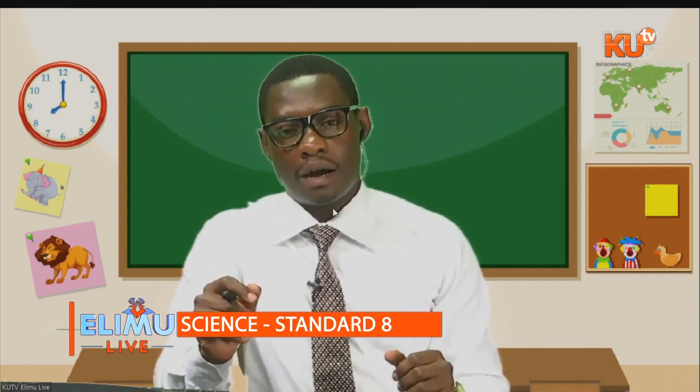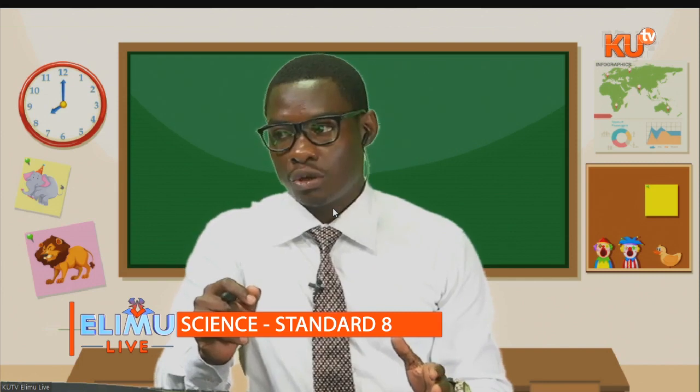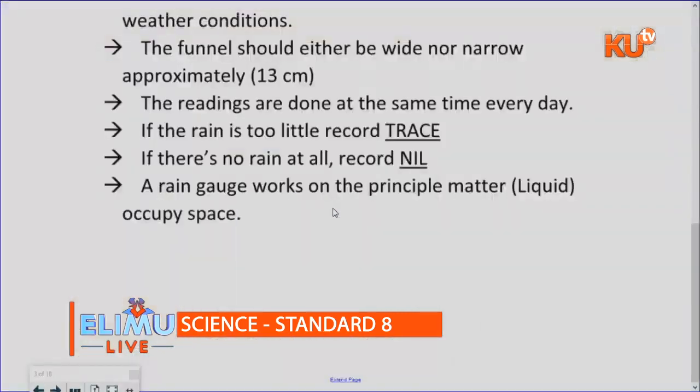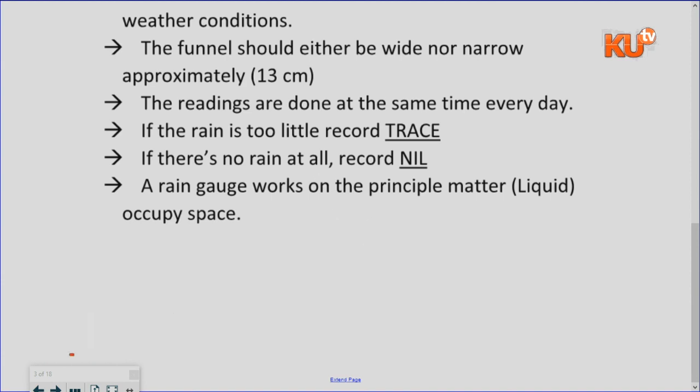From our previous knowledge on matter, we understand that matter is anything that occupies space and has mass. So it works on the principle that matter occupies space. And the matter we are talking about here is liquid, and the liquid is the rainwater.